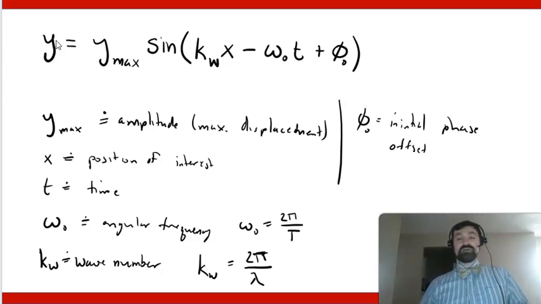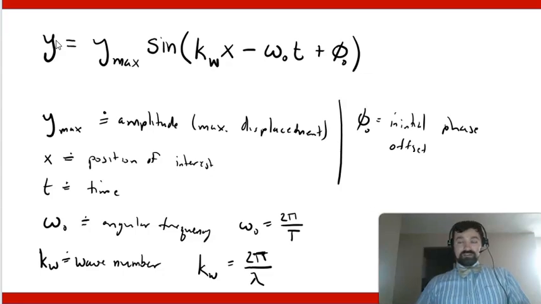So how much has that element displaced from its equilibrium? Y max is the maximum displacement. That's the amplitude. K is called the wave number. It's 2 pi divided by wavelength, the distance between two peaks.